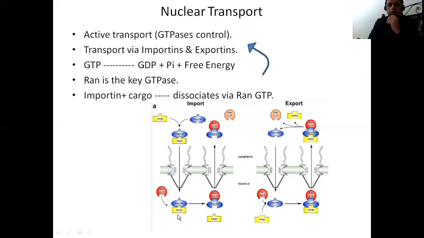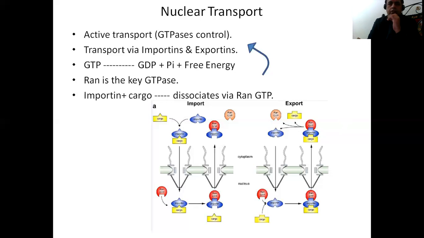And the opposite of that, if something has to be taken out, then the opposite of this particular process would take place. There are certain other factors involved in the transportation, but that is not the focus of this lecture. It's just to briefly tell you about the active GTPase-based control system, and the other one was passive transportation.